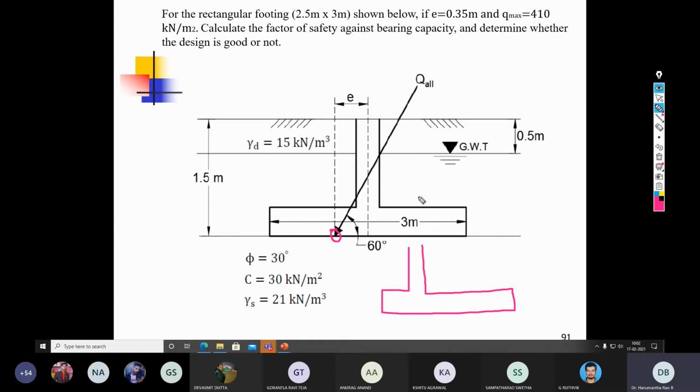Also please note that the groundwater table is 0.5 meter below the ground surface. In the previous sum, the groundwater table was at the foundation level, but in this it is above.